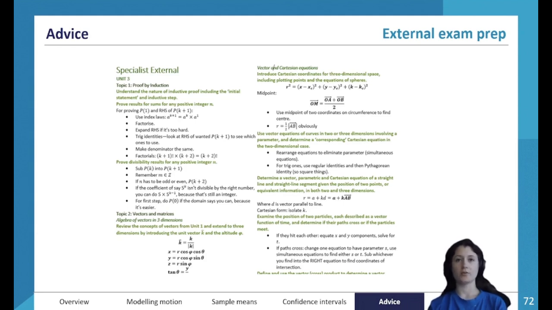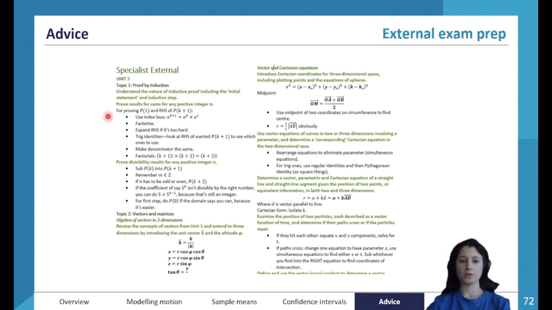So it obviously depends on what type of content it is. If it's one of those things where there's a formula you need to remember that's not on your formula sheet, I've written that down. So for vectors and matrices, or for the equation of a sphere, midpoint, that kind of thing, equation of a straight line, all that kind of thing, I've written it down.